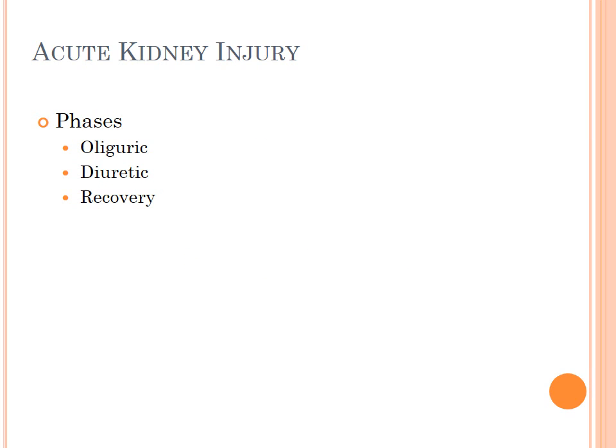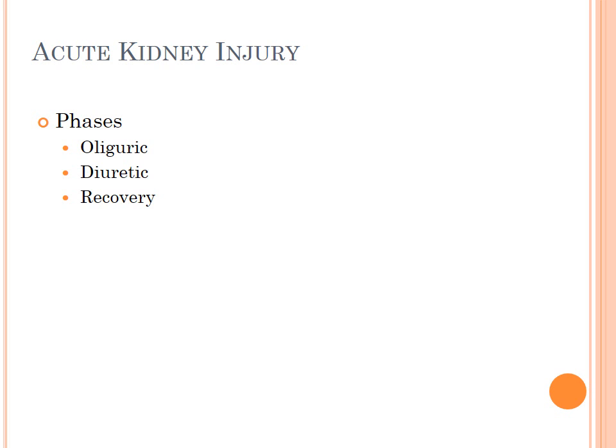So to go back now, we're going to talk about the phases of acute kidney injury: oliguric, diuretic, and recovery, listed on page 853. So oliguric phase, you have a decrease in urine production, less than 400 mLs in a 24-hour period. And remember, normal is 1,000 to 2,000, so that's a significant decrease. So most people, or 50% of those that have acute kidney injury, will experience this phase within the first 24 hours to 7 days.